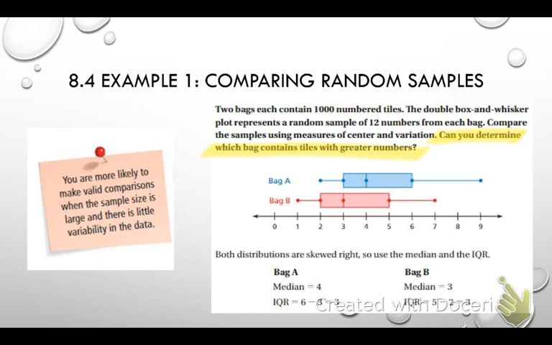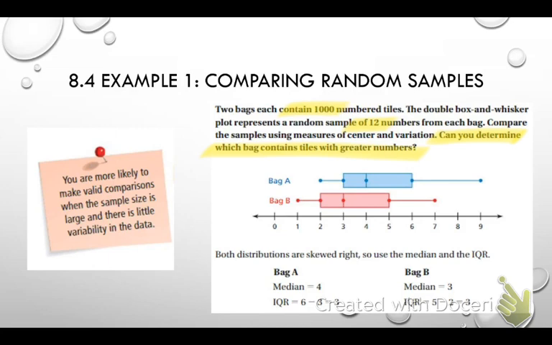How many did they sample? Oh, 12. 12 out of how many? 1,000. Sample size isn't big enough. Okay? It's not even close. And that's what they say right here on the page. The sample size is too small, however, to conclude that bag A generally has greater numbers. Okay? Sample size is too small.